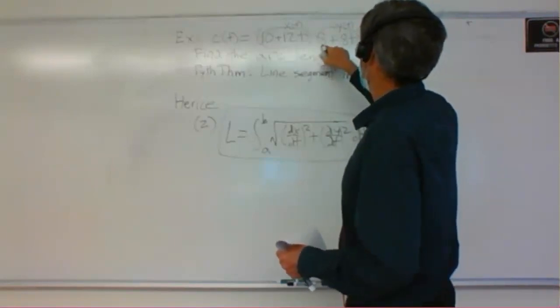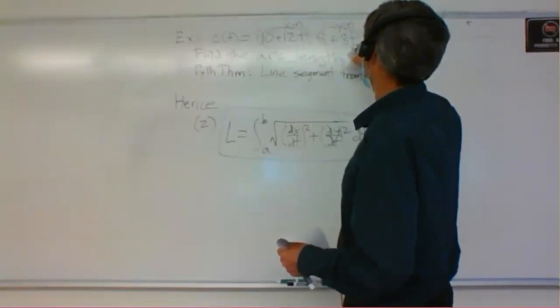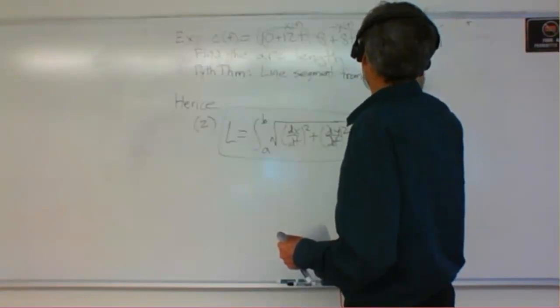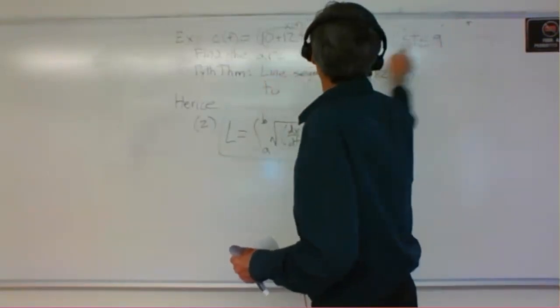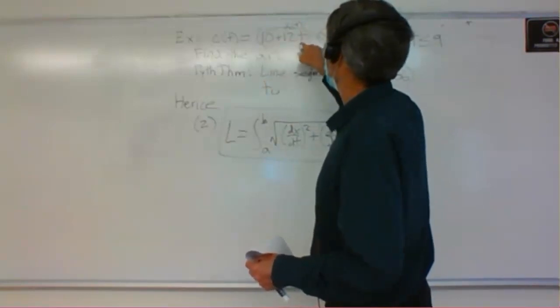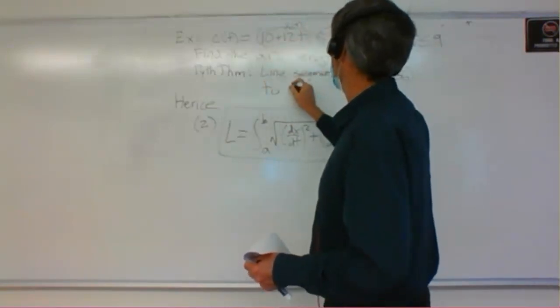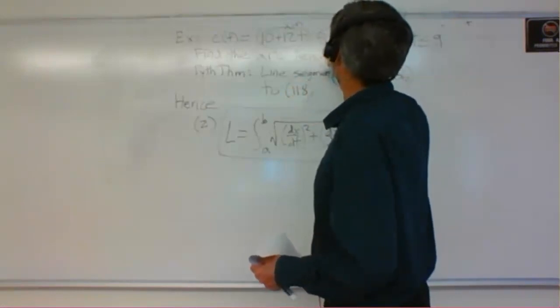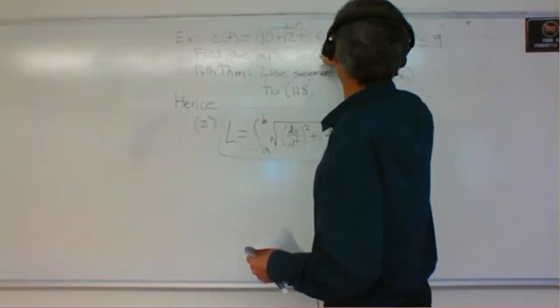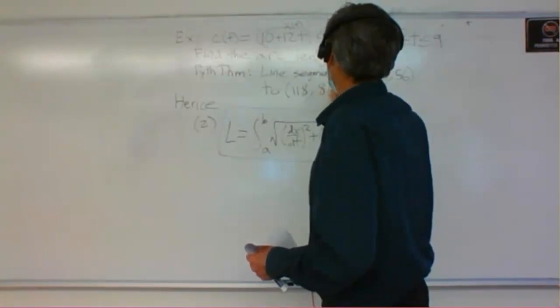And the second one, 8 plus 8 times 6, gives us 56. And it goes from that point to, when I plug in 9, 10 plus 108, which is 118. And for 9, this one gives 72 plus 8, which is 80.